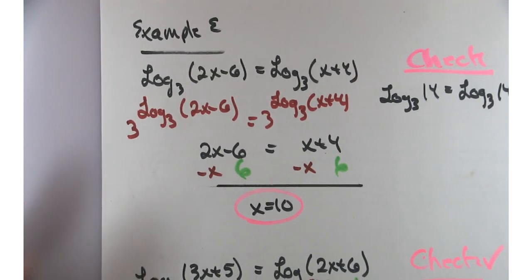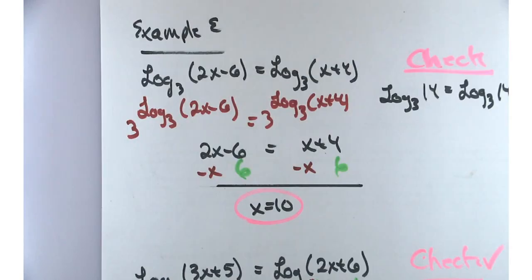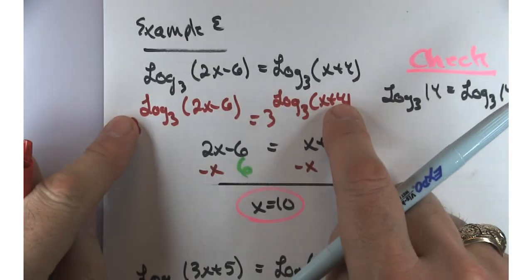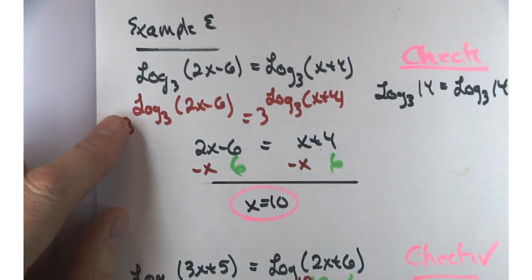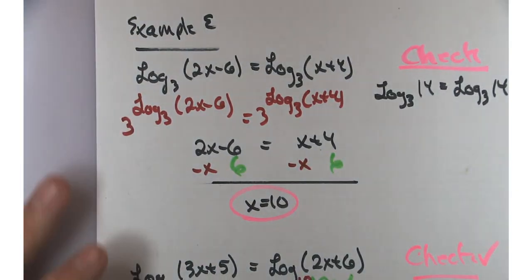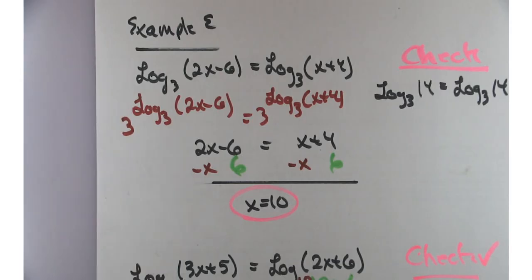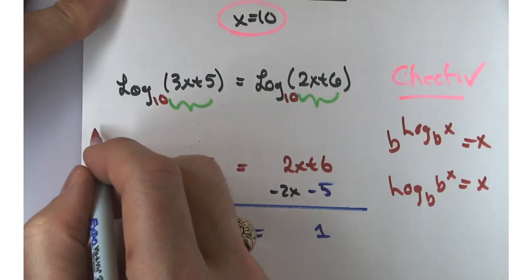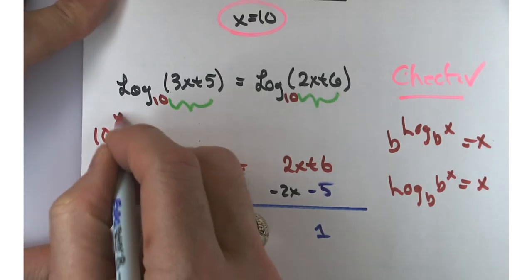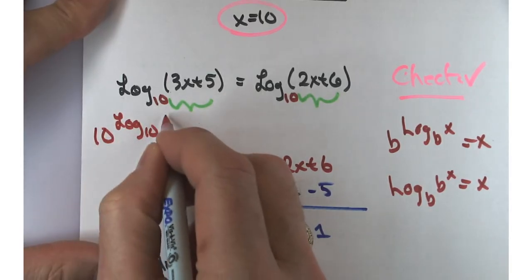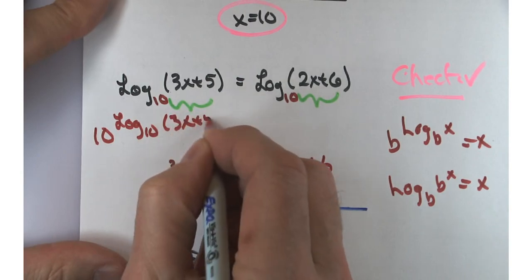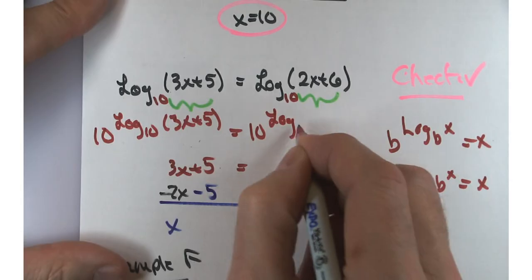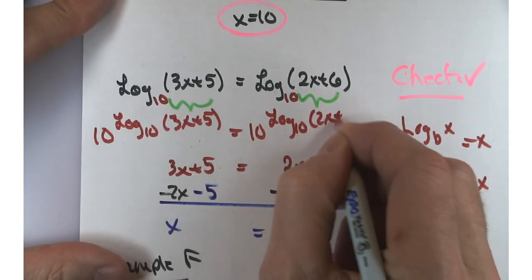You can't just divide out the log. It doesn't work that way. If you divide out the log, I'll have a hard time not taking off a point. It's just wrong. So like here, I take 10 to the log base 10 of 3x plus 5, and that's going to equal 10 to the log base 10 of 2x plus 6.